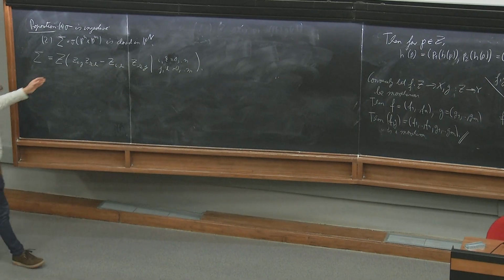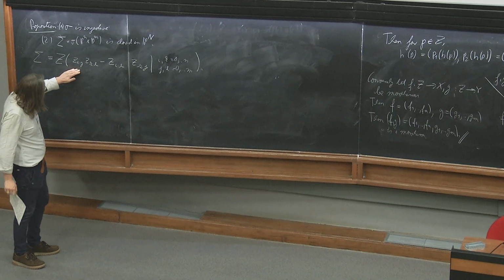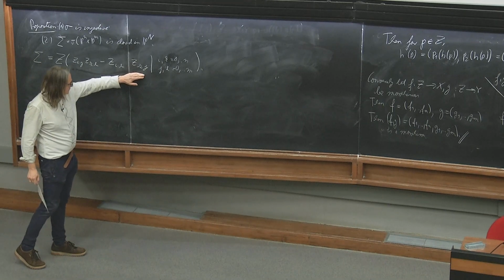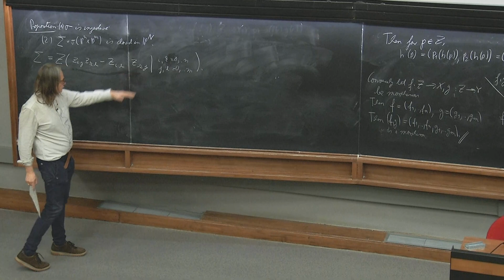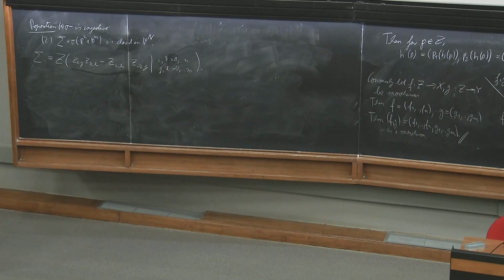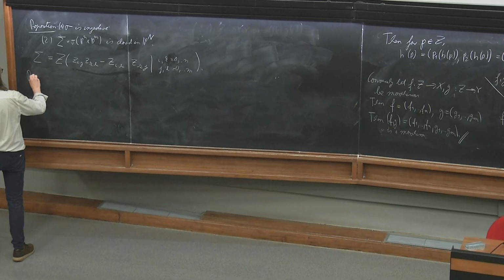So this is the zero set of a large number of homogeneous polynomials of degree 2 in these coordinates. Okay, so let's prove this.